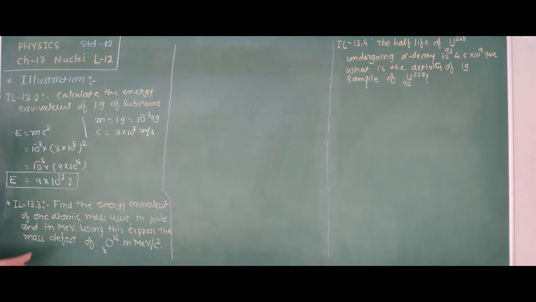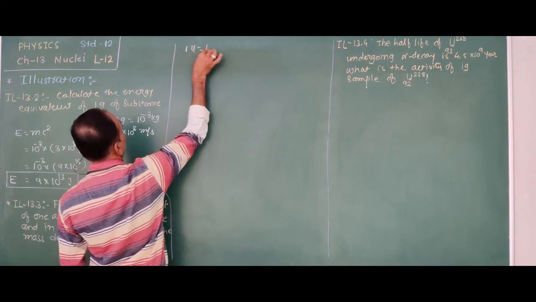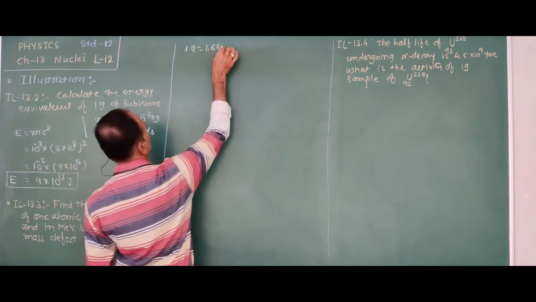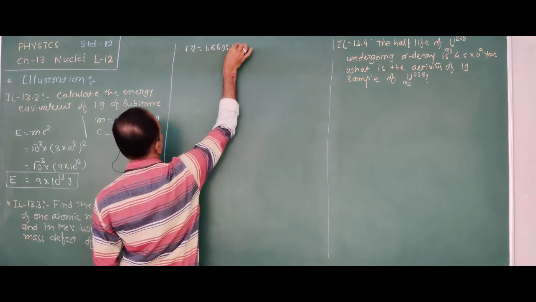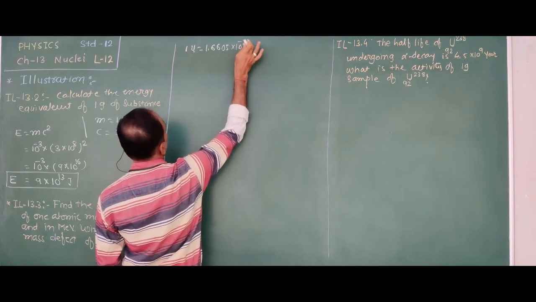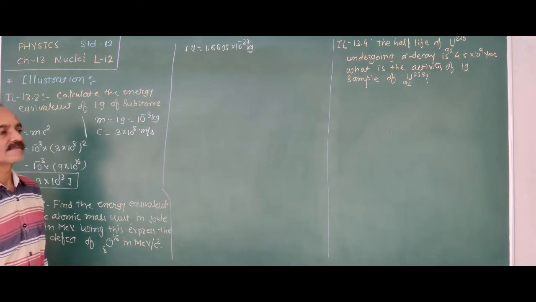Clear? First, we know that 1 atomic mass unit is equal to 1.6605 into 10 raised to minus 27 kg. That is the relation between atomic mass unit and kg.